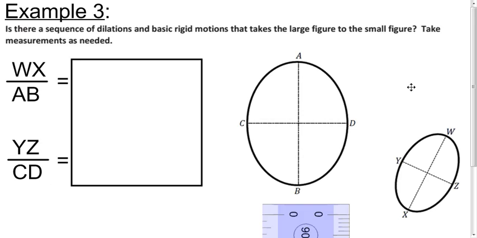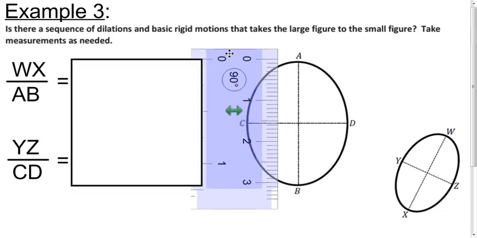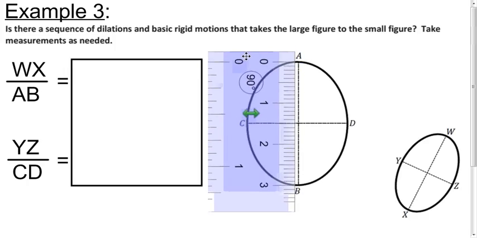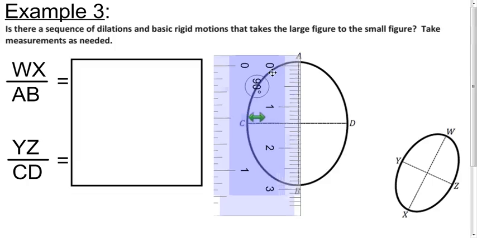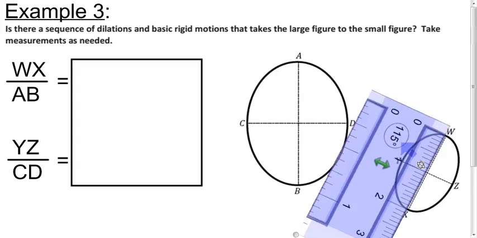Now, what about in this case? It looks like these two pictures could be similar, but it turns out that when we check with measurements, they are not. So let's see why that's true. If we measure WX and AB, let's measure the long segments, I should say. AB measures 3 centimeters, WX measures 2 centimeters.